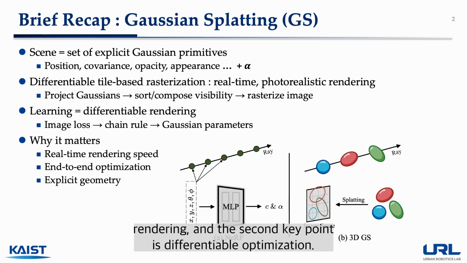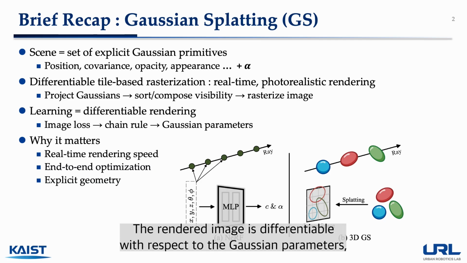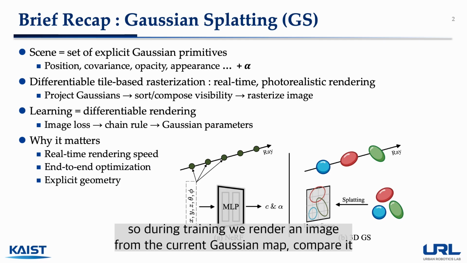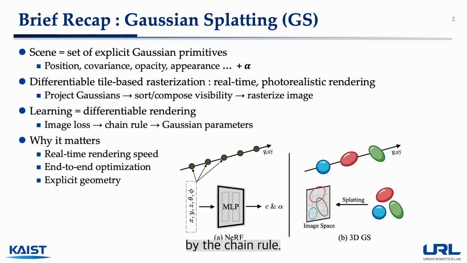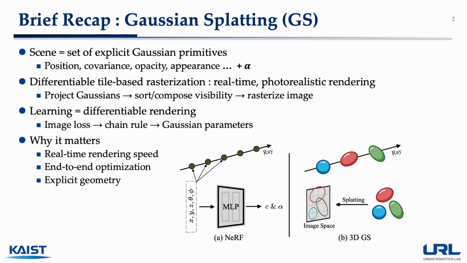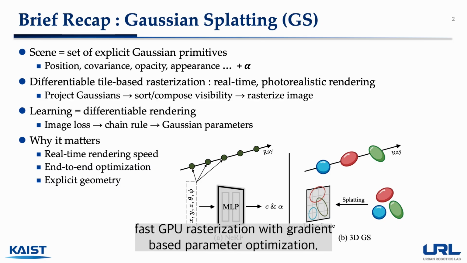And the second key point is differentiable optimization. The rendered image is differentiable with respect to the Gaussian parameters. So during training, we render an image from the current Gaussian map, compare it with the observed image, and backpropagate the image loss through the renderer. By the chain rule, the image-level error becomes gradients on the Gaussian parameters. So the core idea is quite simple: Gaussian splatting combines fast GPU rasterization with gradient-based parameter optimization.